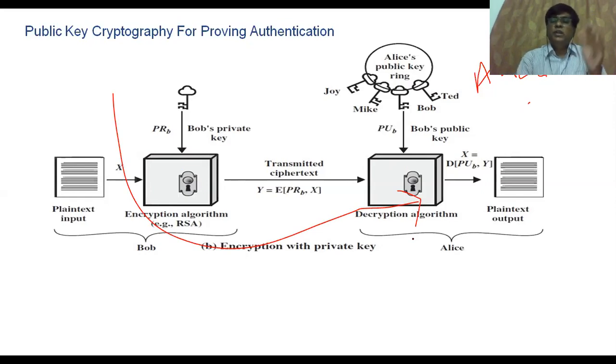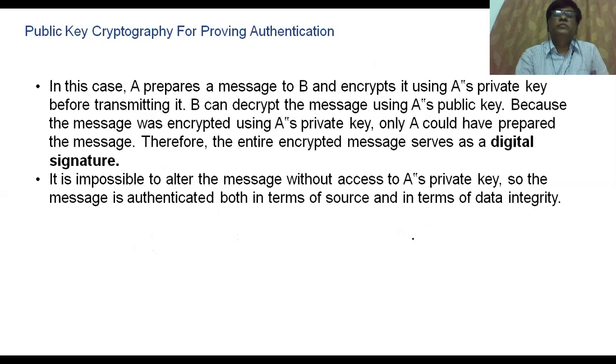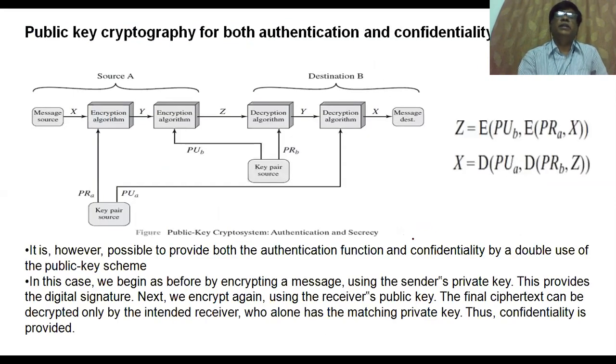So she comes to know from where that ciphertext came. Based on that information, that serves as the digital signature. So it is impossible to alter the message without access to A's private key. So the message is authenticated both in terms of source and in terms of data integrity.